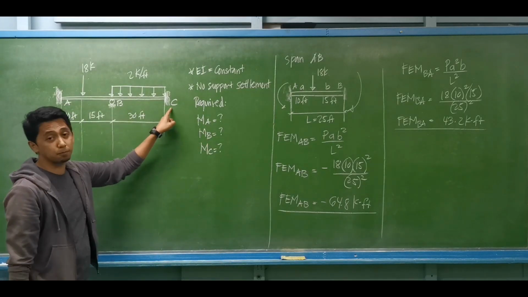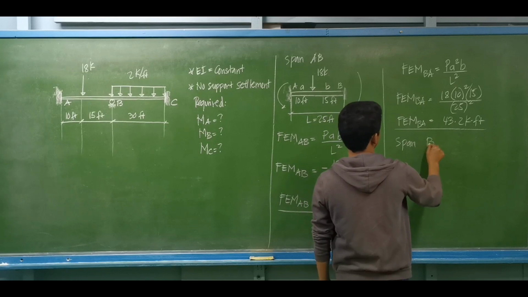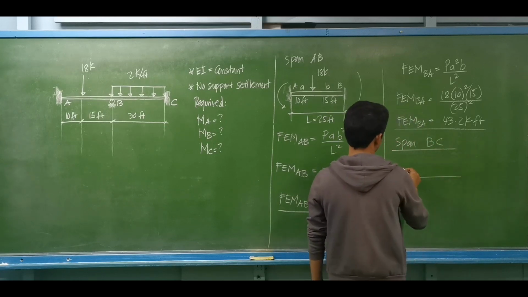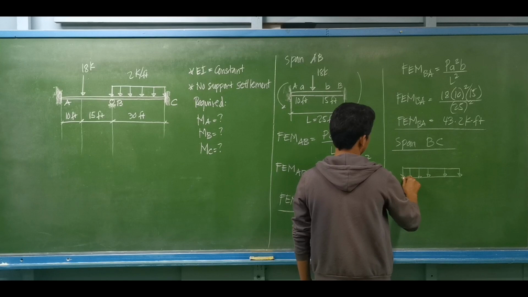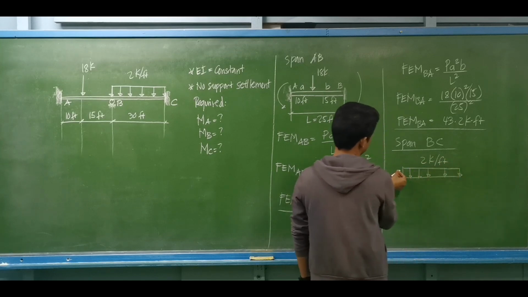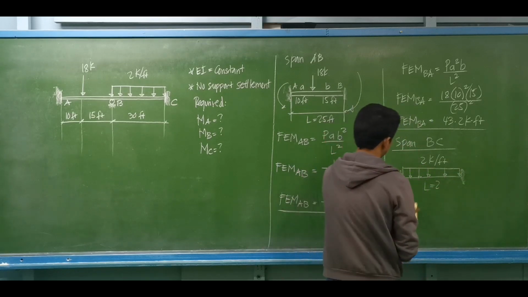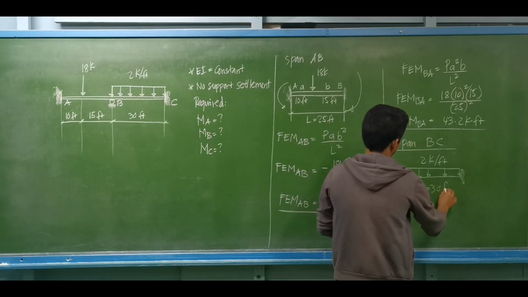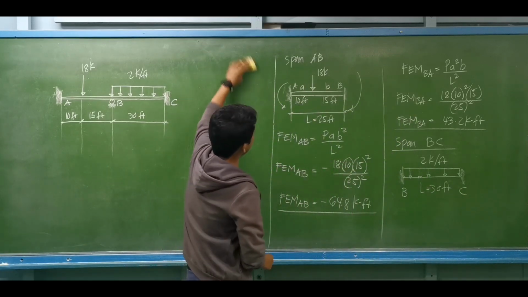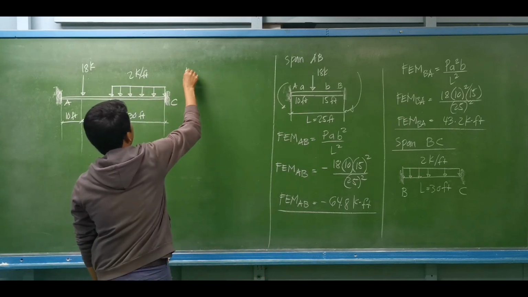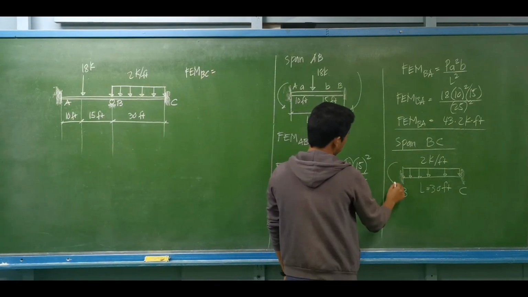So let's consider the fixed end moment for member BC. For span BC, what is the equivalent fixed end moment for a uniformly distributed load?